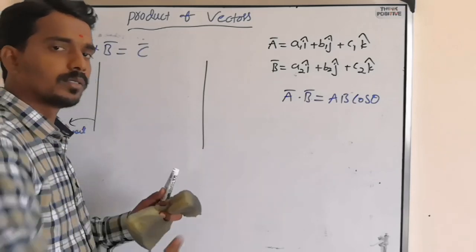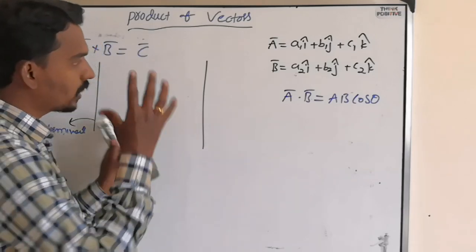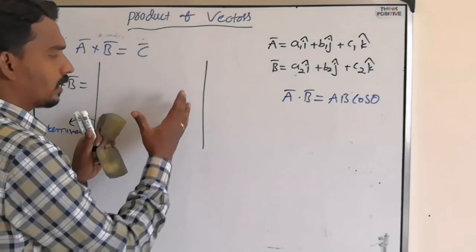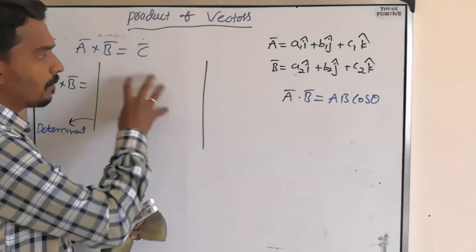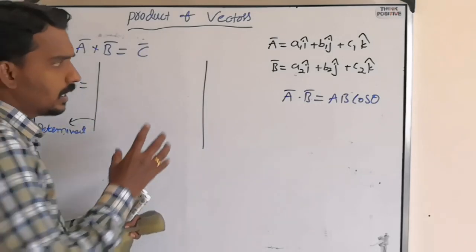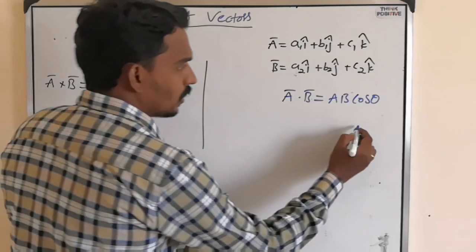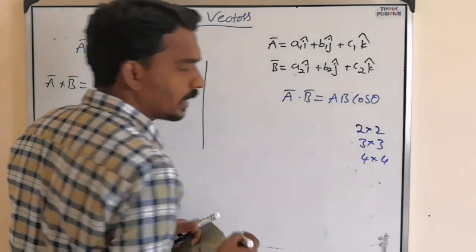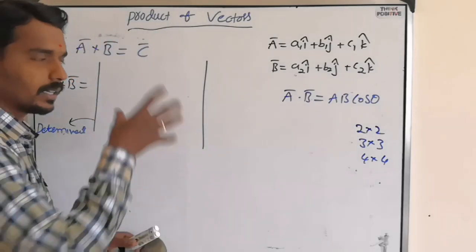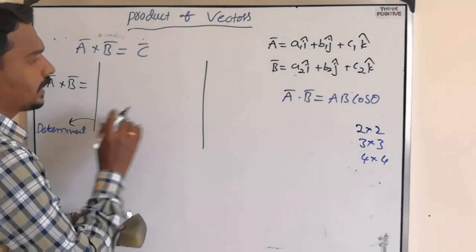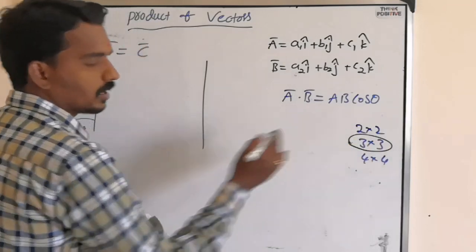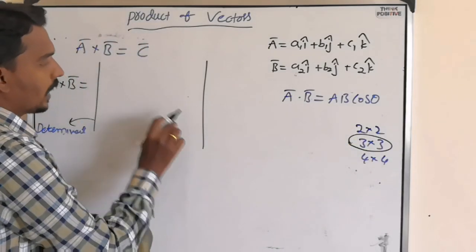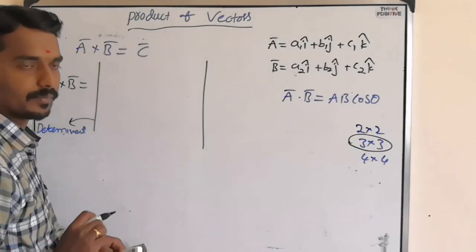But we don't need all those things right now. We want to know the determinant method, how to find the determinant of a matrix. See, a determinant can be 2 cross 2 or 3 cross 3 or 4 cross 4, anything. But in our physics, in vector product, our determinant is 3 cross 3, with 3 rows and 3 columns.